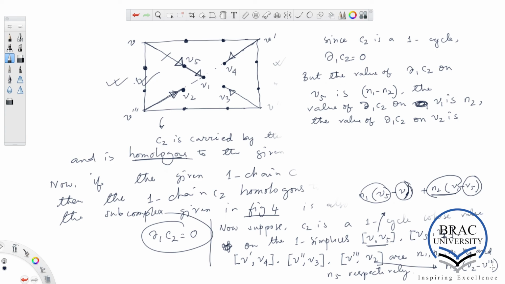So on v2 it is n5, on v3 it is n4, and on v4 it is n3, this one. On v4 is n3. Good.